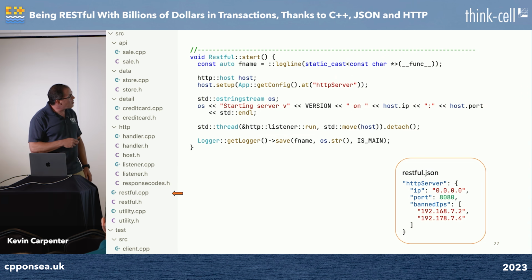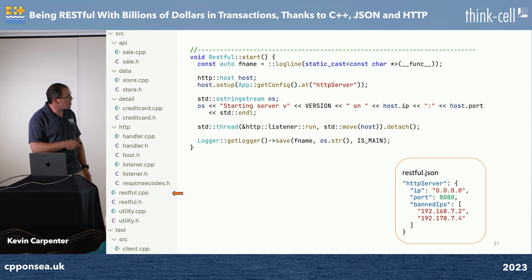So as we start down here, you'll notice we have a structure called host, which is HTTP host. In that, we have a setup method. We're going to get config at HTTP server. That is actually going to pass in the IP, the port, that whole substructure of JSON gets passed in as a JSON object. We have a simple line that's going to be logged out saying we're starting the server.